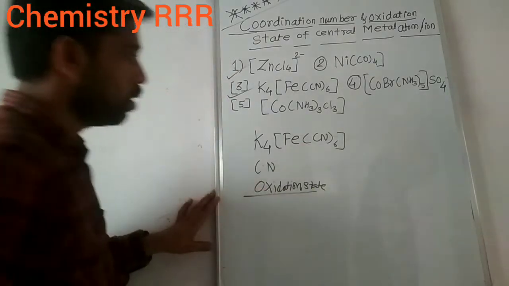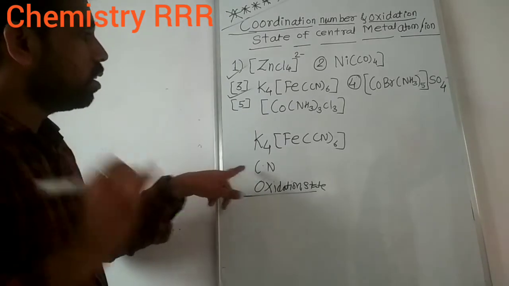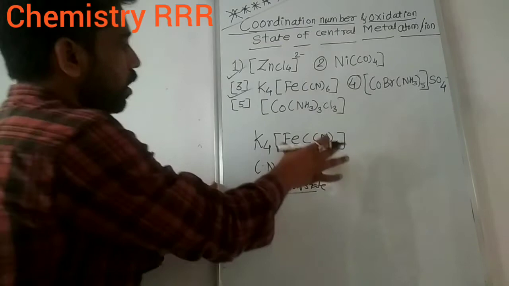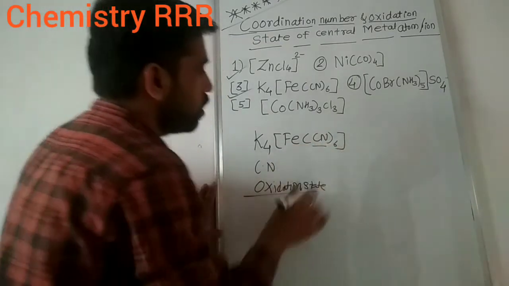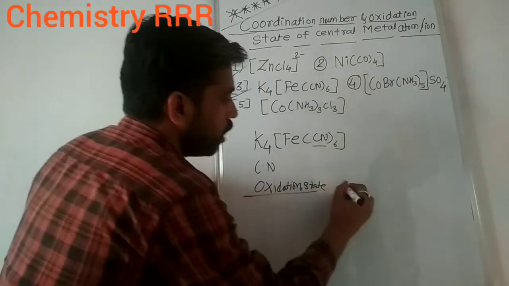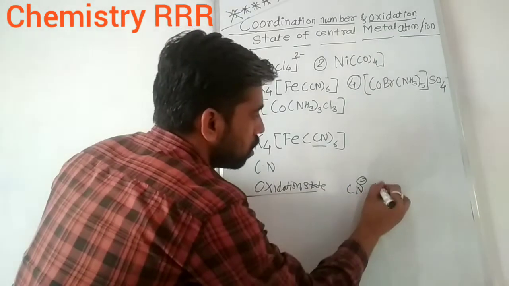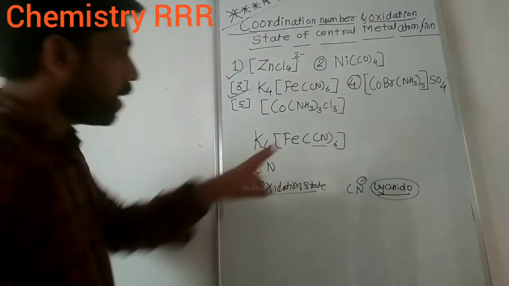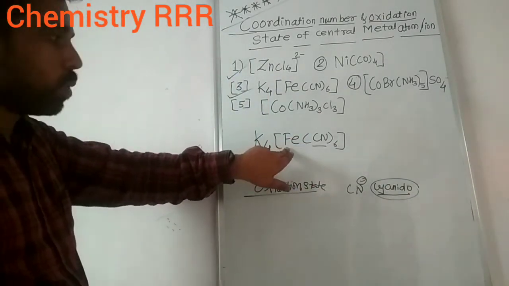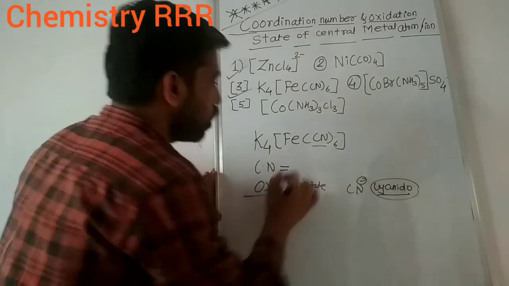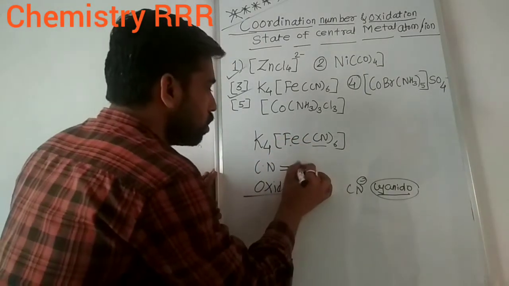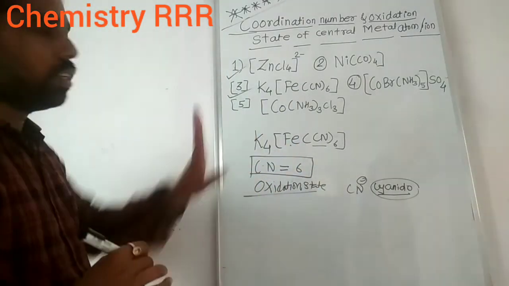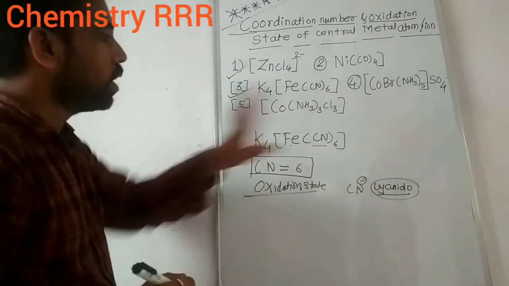You know the definition: the number of ligands attached to the central metal atom is called the coordination number. In this complex, the 6 ligands, that is 6 cyanido, are attached to the central metal atom, Fe. So the coordination number of the central metal atom is 6.